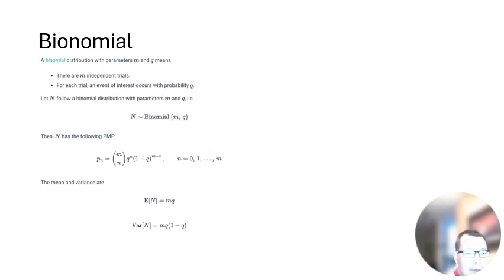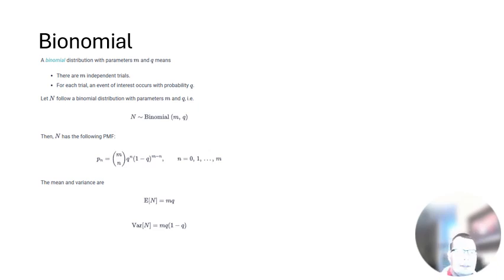Then N has the following PMF. p_n would equal m choose n, times q to the power of n, and times 1 minus q to the power of m minus n. The mean of this N is mq, variance is mq times 1 minus q.